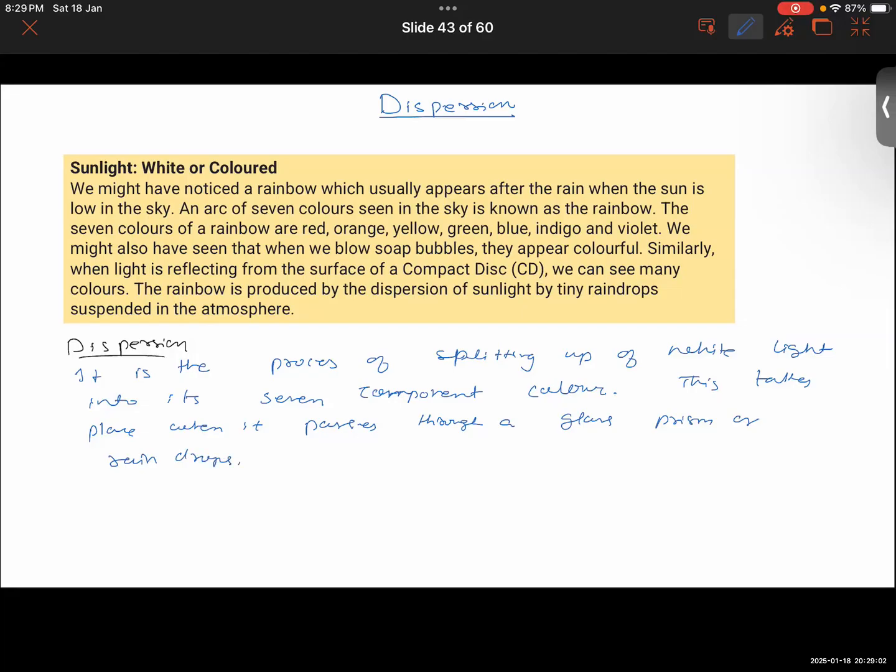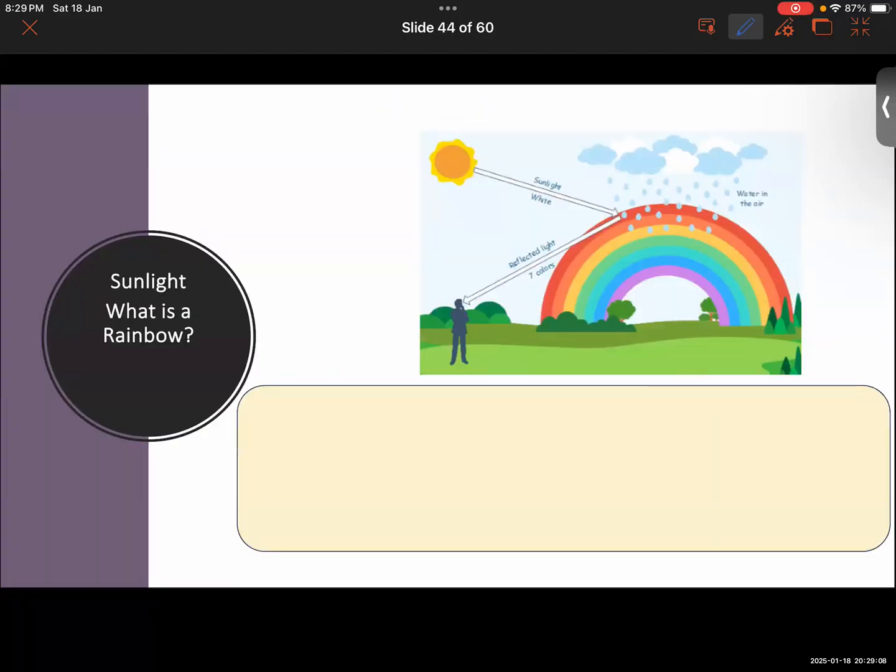Okay, so as we know, white light is made up of every color on the visible spectrum. As you can see, white light is made up of these 7 colors of light, and each colored light travels at a different speed. Getting it now?